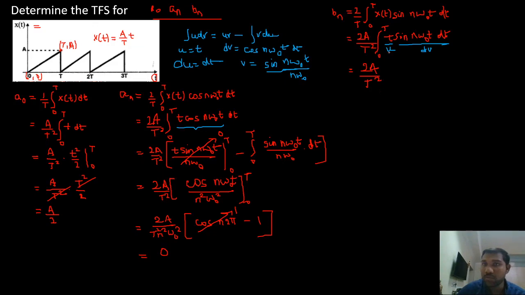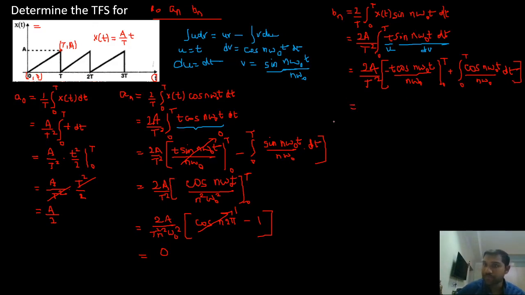So I have u, that is t, and v, the integral of sine, is minus cos n omega naught t by n omega naught, with limits 0 to T, minus integral of v du, that is again minus cos, so this becomes plus cos n omega naught t by n omega naught dt. The integral is again from 0 to T.